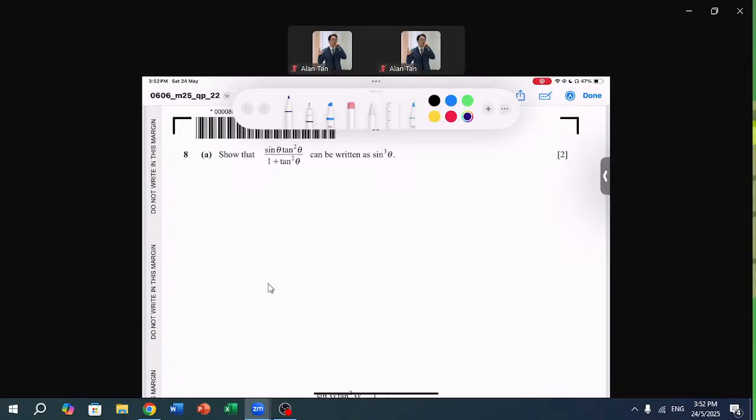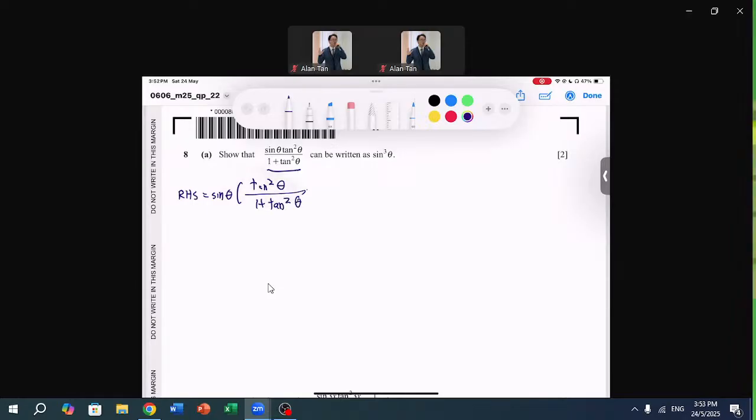Oh, alright. 1 plus tangent square theta over sine theta tangent square theta is a very fishy thing. So I'm just going to write the right hand side equals sine theta tangent square theta over 1 plus tangent square theta.